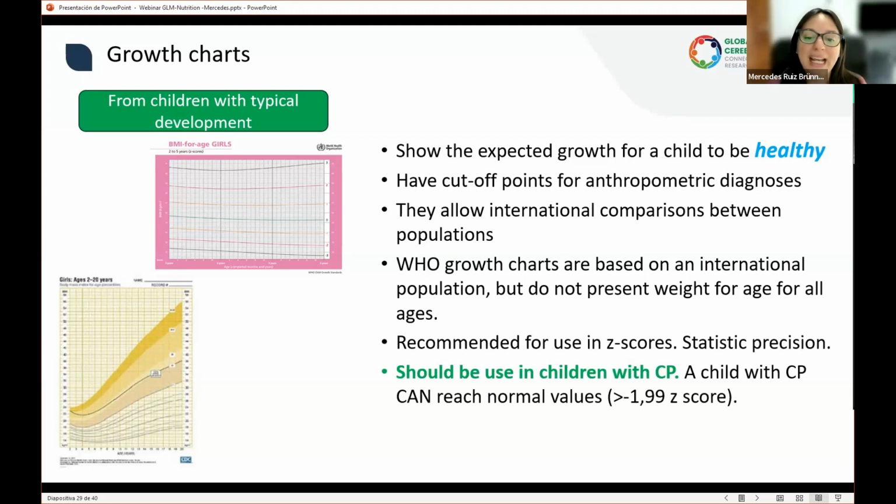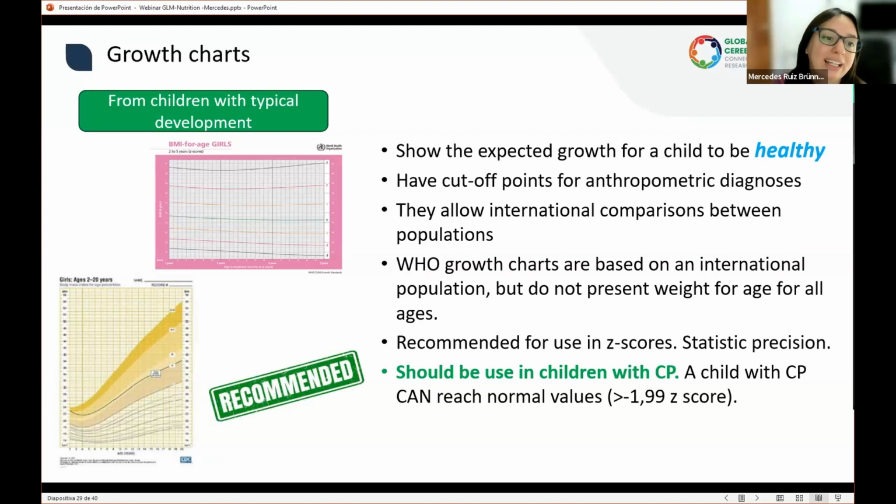A child with CP can reach normal values that are higher than minus 1.99 z-score. Maybe they are not going to reach the 0 z-score or percentile 50, but they can reach the normal range of what is expected. So these are the charts that are recommended.